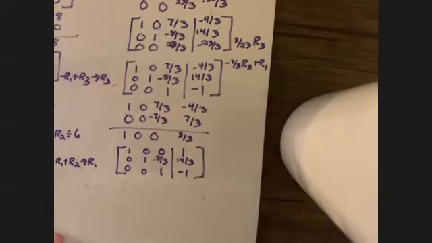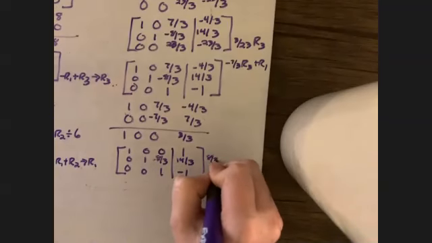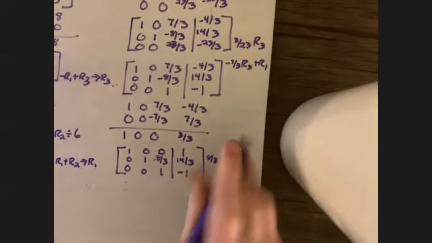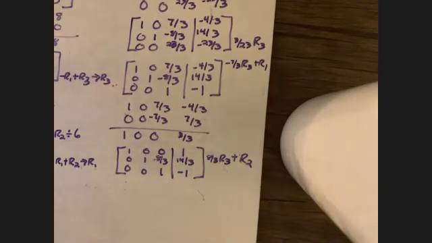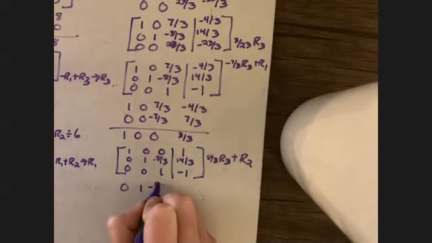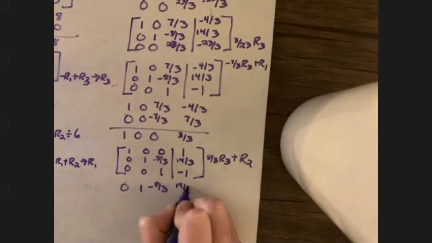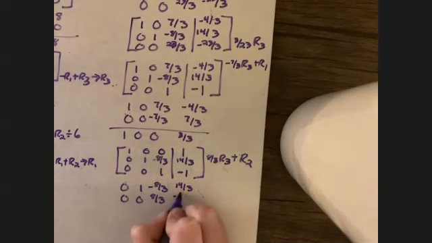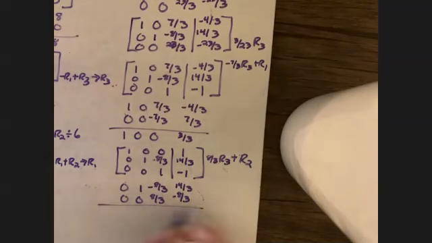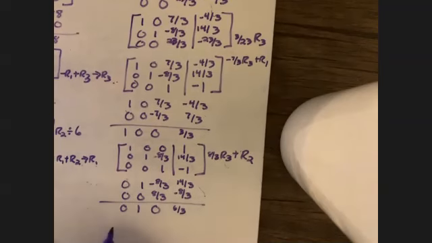Okay, and then I'm going to do 8 thirds row 3 plus row 2. Okay, so again, the math with that: 0, 1, negative 8 thirds, 14 thirds, 0, 0, 8 thirds, negative 8 thirds, 0, 1, 0, and that is 6 thirds.